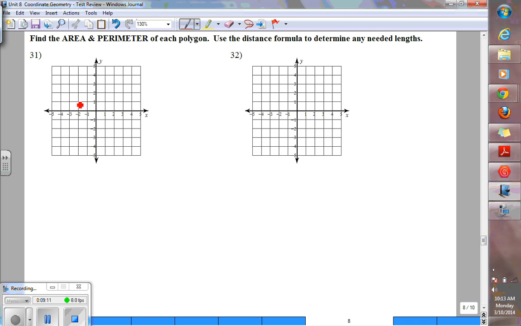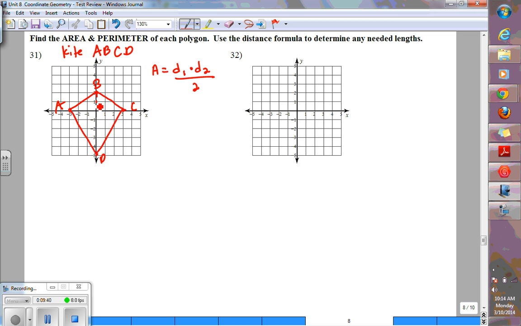And problem 31, you are given a kite. You are asked to find the area and the perimeter of this kite. So first of all, let's go through the area. Area of the kite is d1 times d2 over 2.